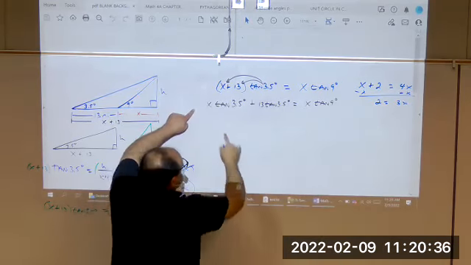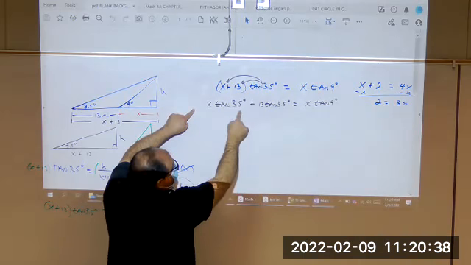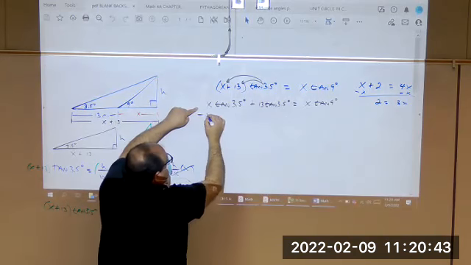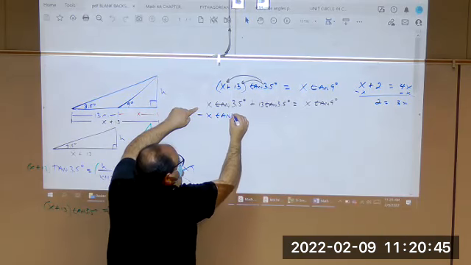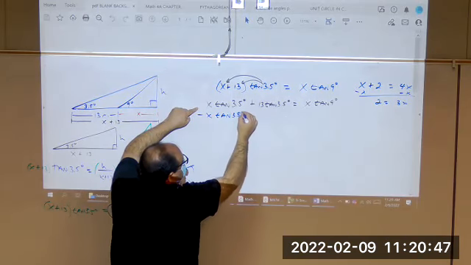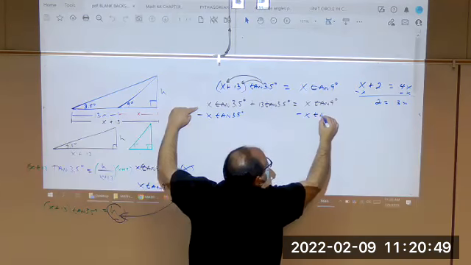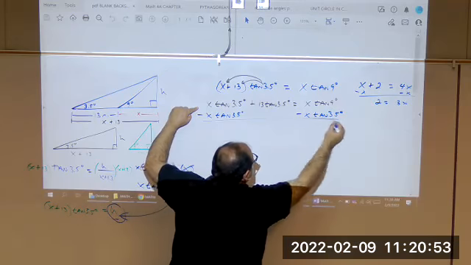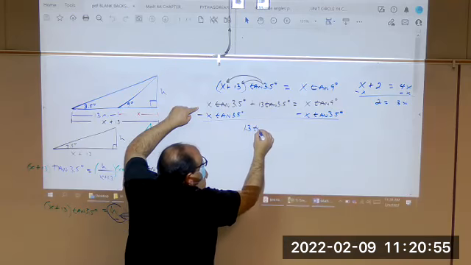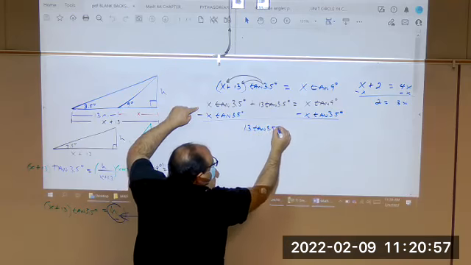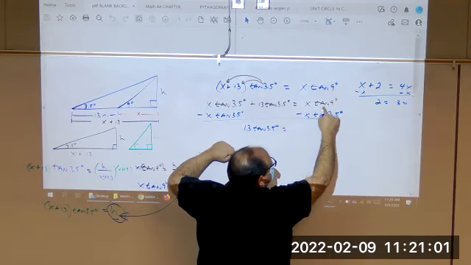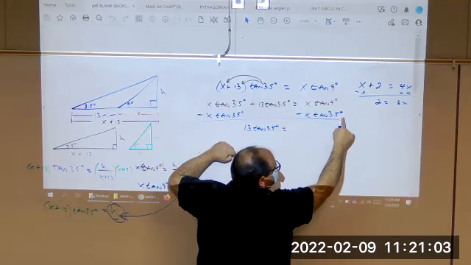Same thing here. That's x times the tangent of 3.5. That's x times the tangent of 9. So I'm going to take my x's to the right-hand side. So I have 13 times the tangent of 3.5 degrees equal to, now, you don't just go 9 minus 3.5. It doesn't work that way.